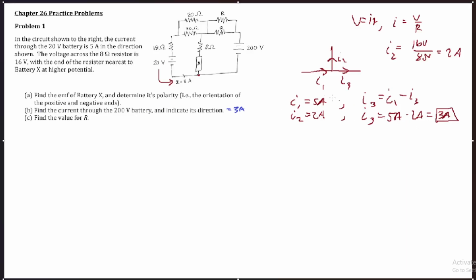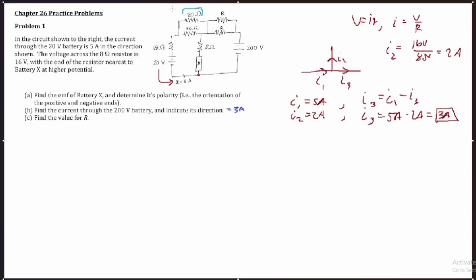Now that we have all the currents in our circuit, we can go ahead and solve for the equivalent resistance for these extra circuits right over here on top. We can find the R equivalence for this one, and then for this one I'm going to use blue.